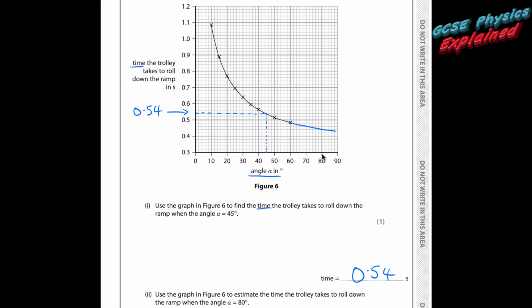So from 80, if we do the dots up to 80 again, the examiners love that. And you're looking at about 0.44. They'll always accept a range though, so anywhere between sort of 0.42 up to about 0.48.